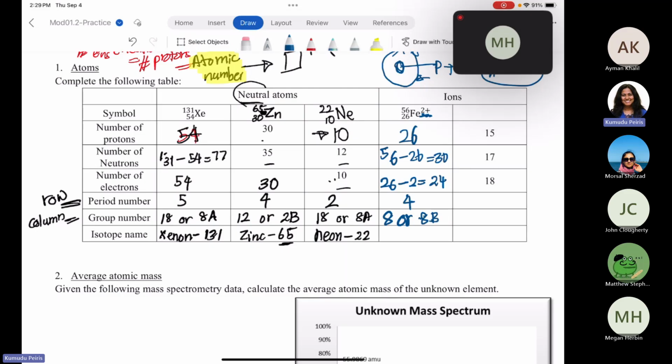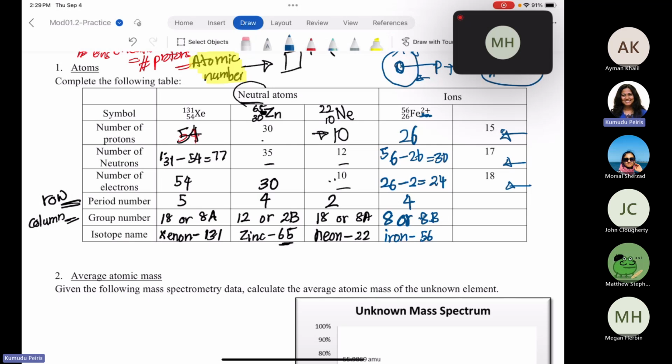So we'll write the isotope as iron-56. Right. Next one. We are given the number of protons, neutrons, and electrons. When we try to locate the element in the periodic table, do we look at the number of electrons?